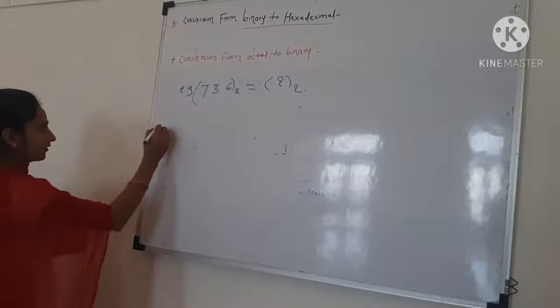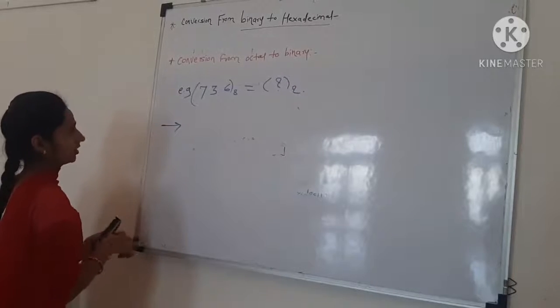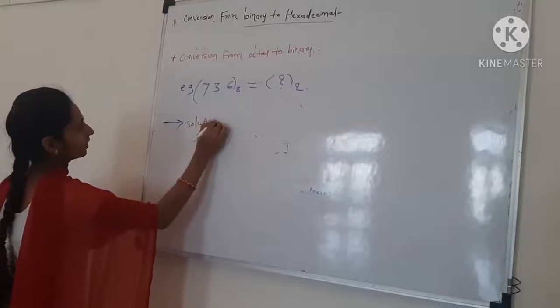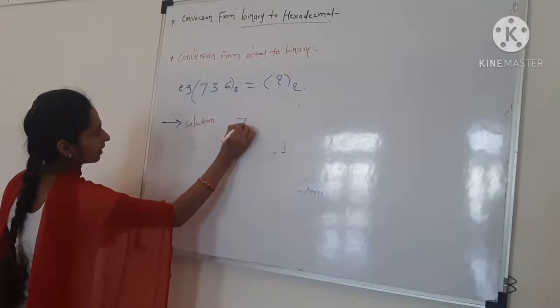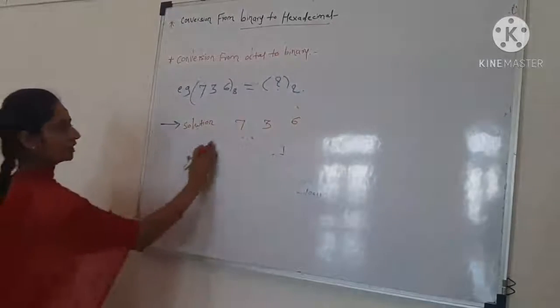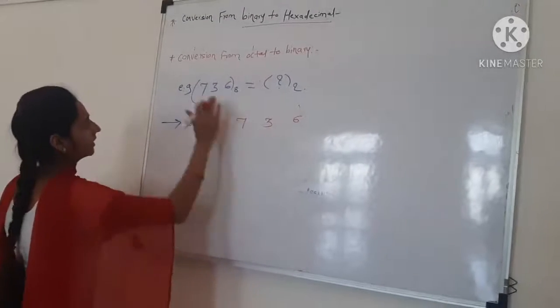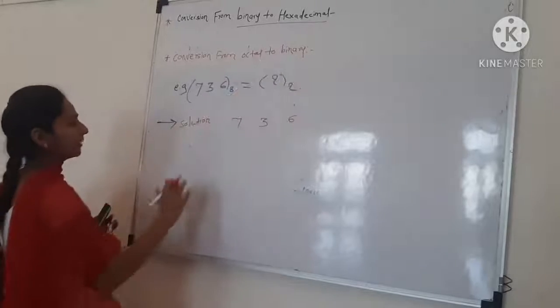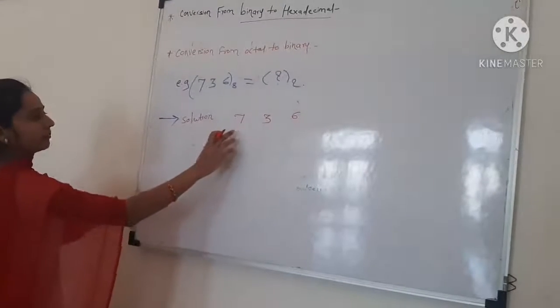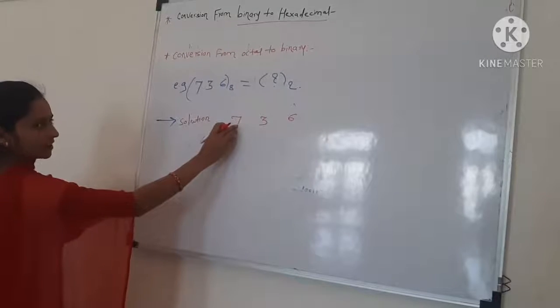So let's start with our solution. We write our given octal number, which is 736. What is the procedure for converting an octal number to a binary number? In this conversion we have to write the binary equivalent of each separate digit.